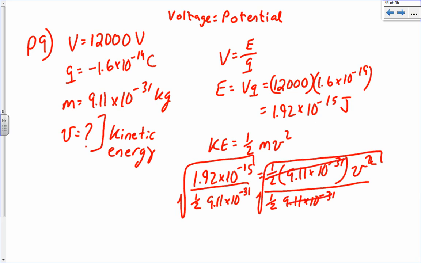These things will cancel, and that'll give me v. So that's 6.5 times 10 to the 7. So when I accelerate this electron across these 12,000 volts, they pick up a speed of 6.5 times 10 to the 7 meters per second. 650 million meters per second. No, 65 million meters per second. Excuse me. 65 million meters per second.